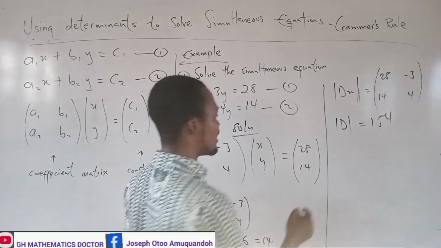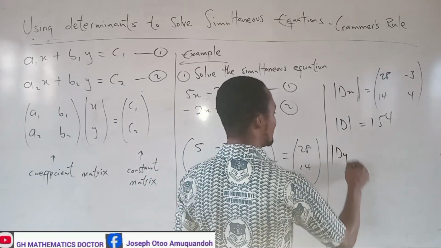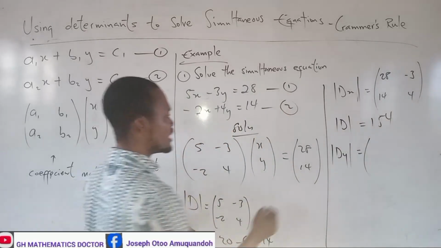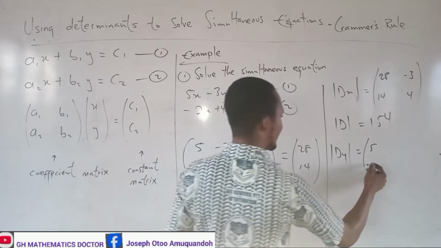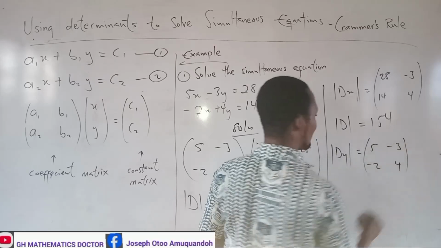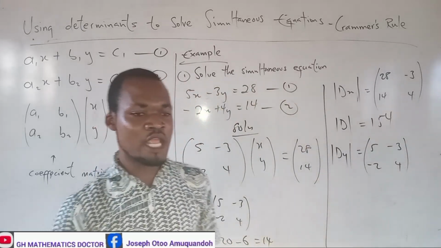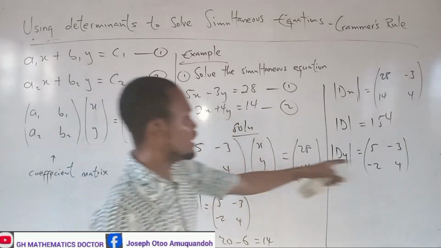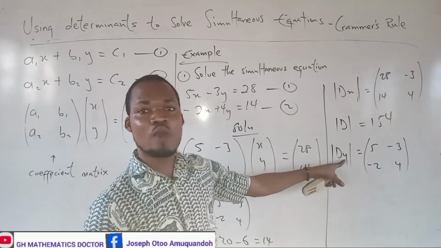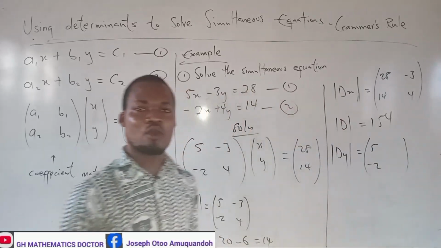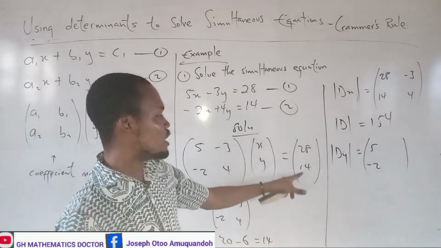You are also going to find the determinant for Dy. For Dy, the same matrix, that is 5, -2, -3, and 4. In this case, the y coefficients are -2 and 4, on this side. So we are talking about Dy. I'm going to eliminate the y column and replace it with the constant matrix 28, 14.